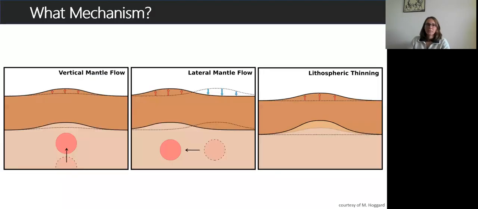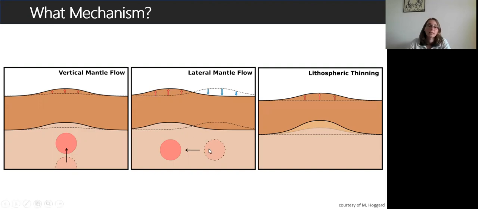Okay, so I've said this is probably dynamic uplift, but that still leaves us with three options for what the actual mechanism behind this dynamic support could be. So you could have your classic mantle plume that pushes the surface up, or you could just have a thermal anomaly beneath the plate, without the active push component, but just the extra thermal buoyancy will give you uplift.